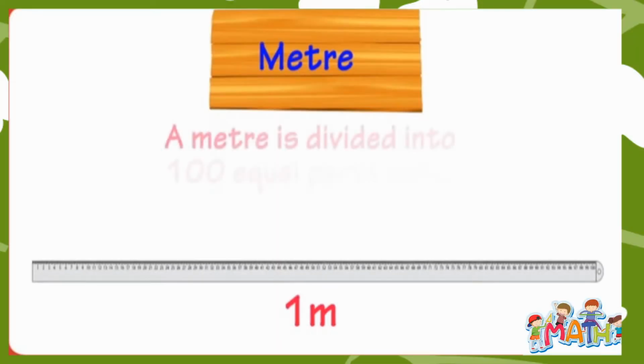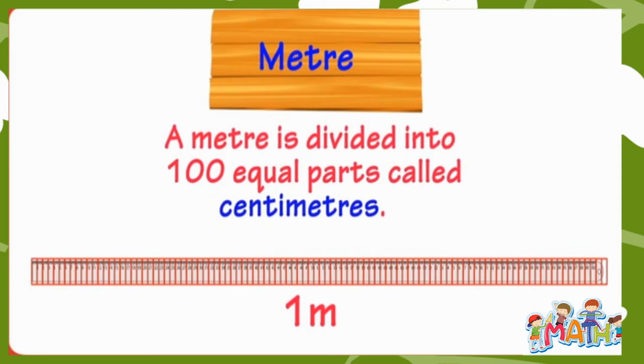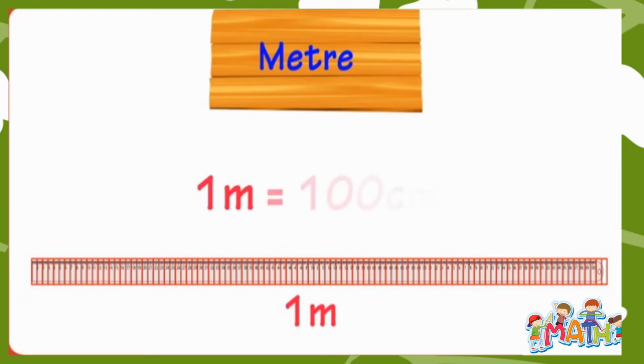A meter is divided into 100 equal parts called centimeters. In 1 meter, there are 100 centimeters.